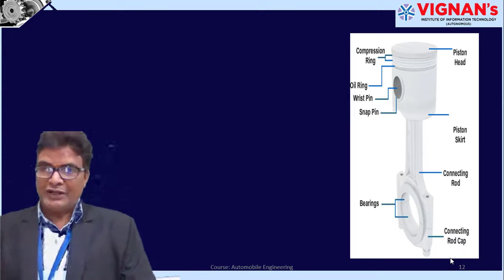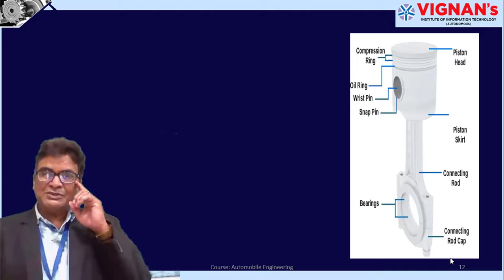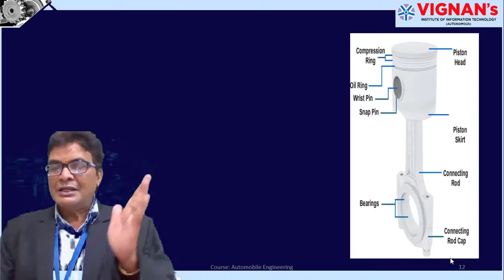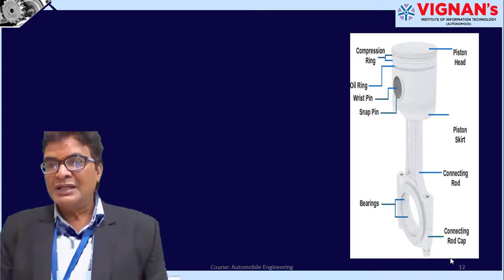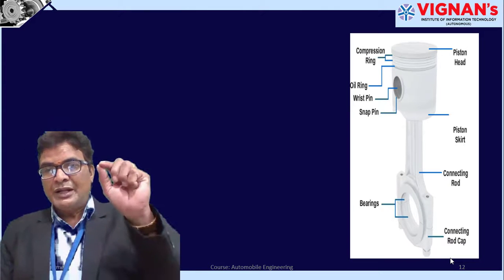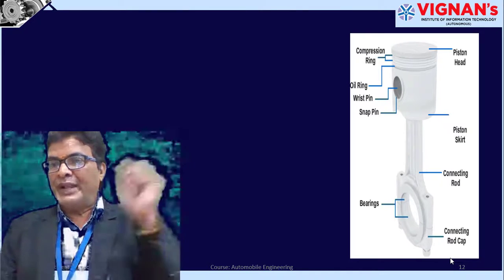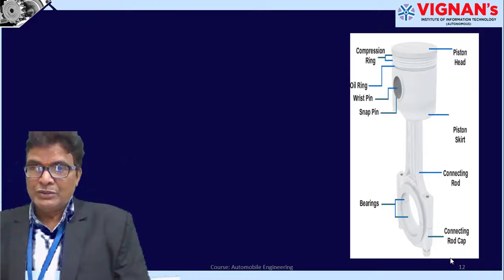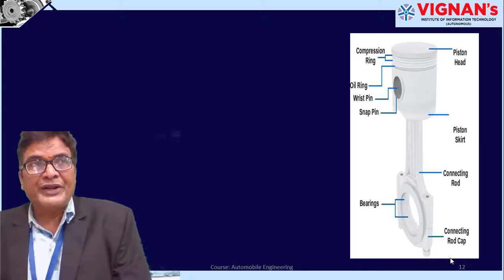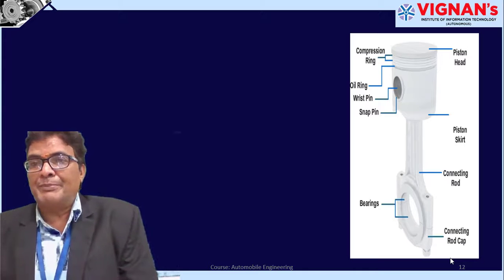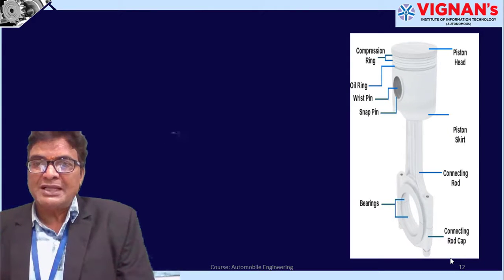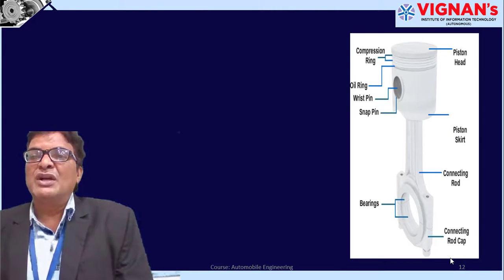At such times, the piston will hit the sides of the walls of the cylinder. As a result, there will be some breaking of the piston crown. So drivers should not give abrupt throttling, because due to it the piston surface gets damaged.